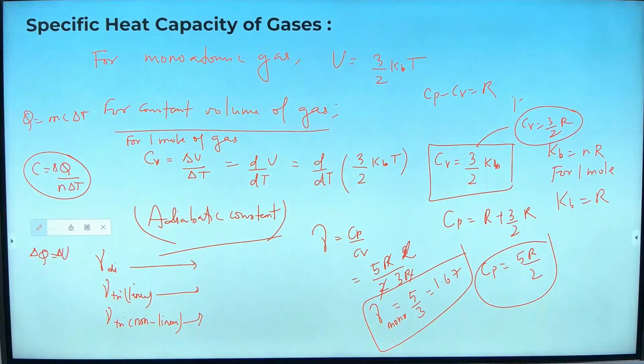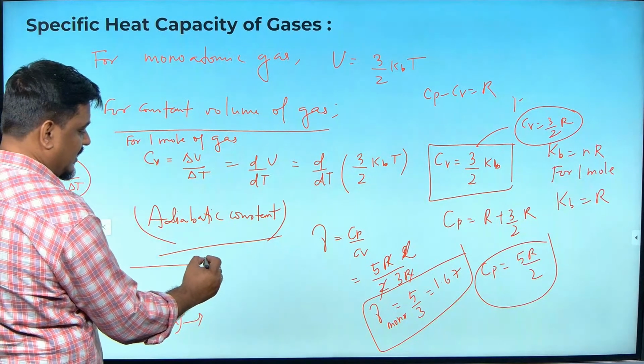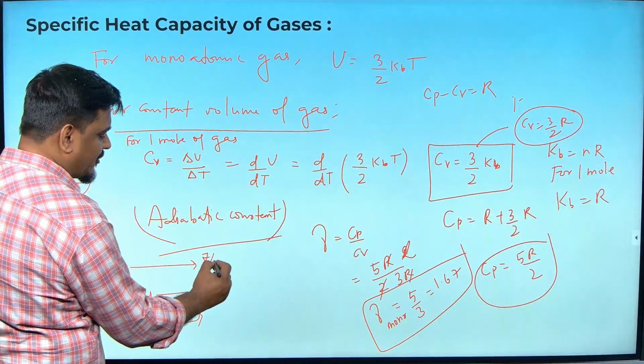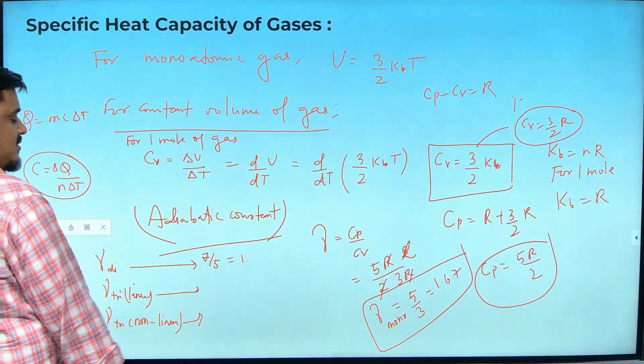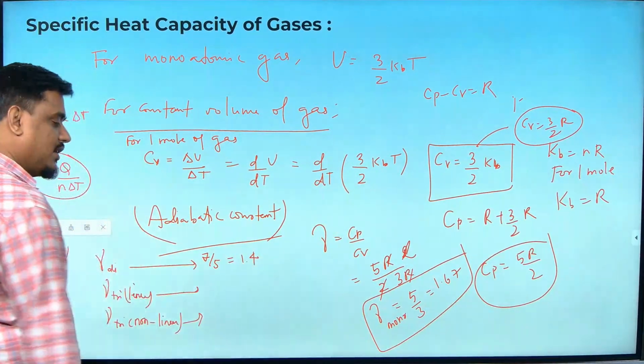Solve it. Check. All of you got 7 by 5? 1.4. Yes, sir. 7 by 5.